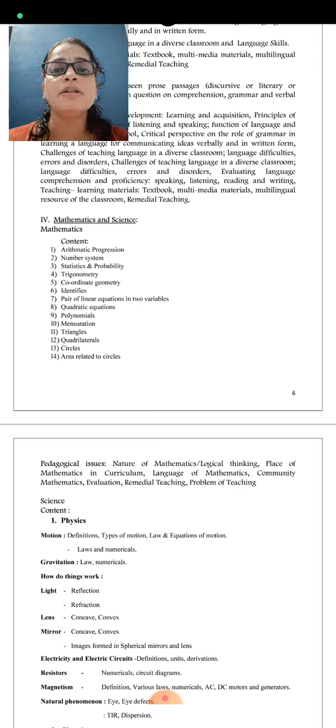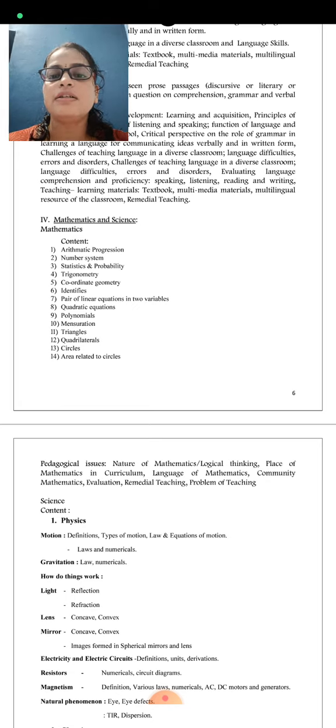And we have to learn the basic properties of these figures, that means square, parallelogram, rectangle, rhombus. We have to learn the basic definitions, or some basic idea.